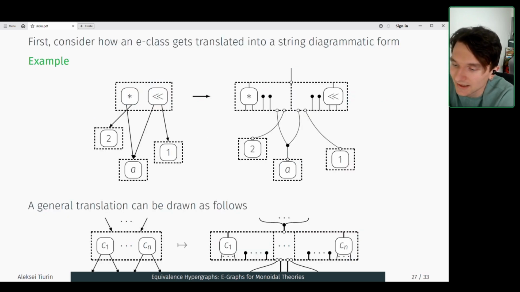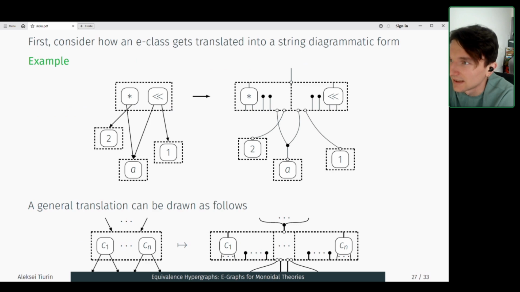And when I say that EGRAPHS are a special case, I need to mention that acyclic EGRAPHS are a special case of our construction. If you want to support EGRAPHS with cycles, we need to add some additional structure on the generator, but it is rather straightforward.